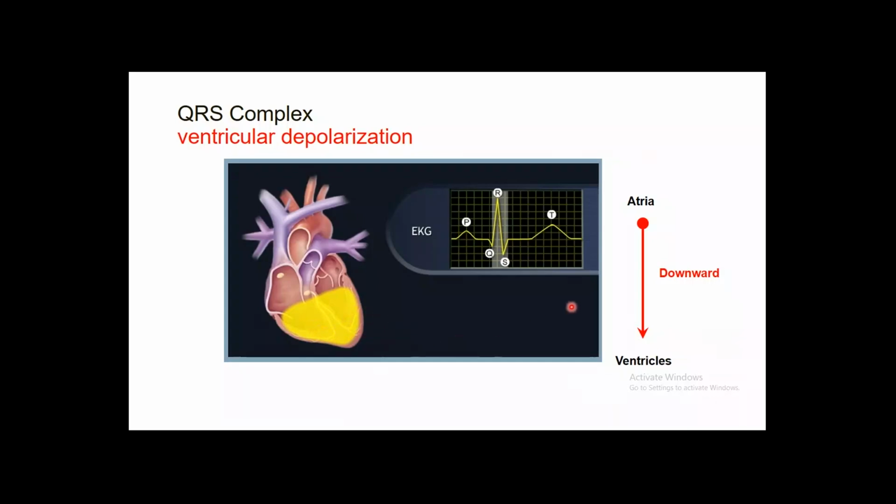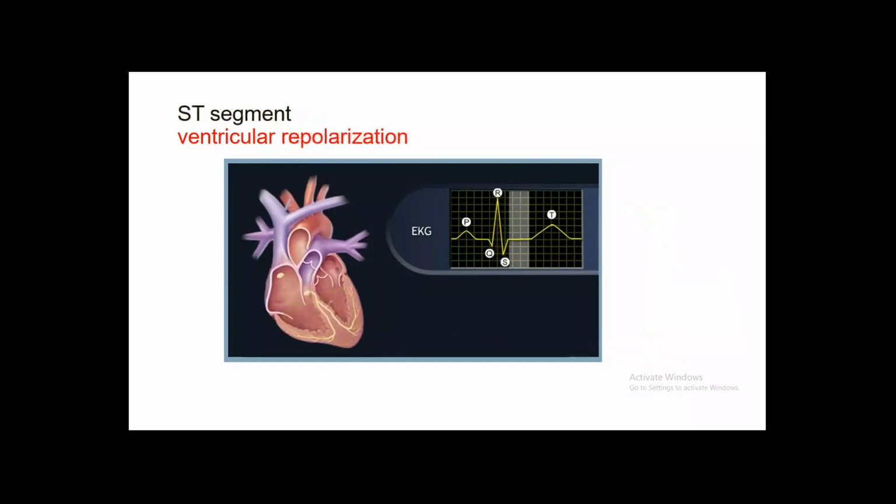The direction of conduction is from atria to ventricle, so it is downwards, followed by the repolarization wave as seen here. So the electrical axis of the current of depolarization is moving from right to downwards and to the left, and this is important for the other slides.